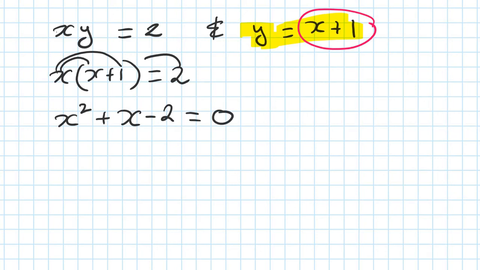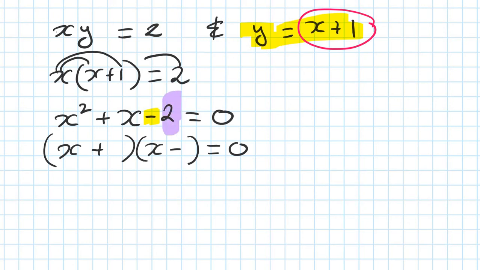Now, first of all, look at this side. It's a negative, so I put a plus 1 and a minus 1 immediately. Because of that negative, I ask myself: what times what gives me 2, and the difference is 1? And keep in mind this positive, so the bigger number must be on the positive side.